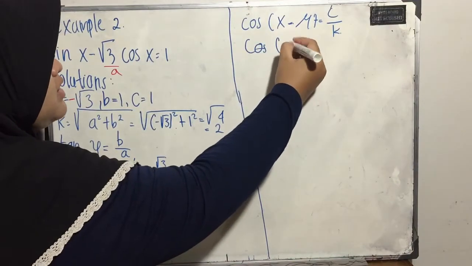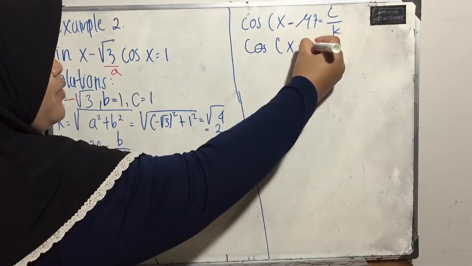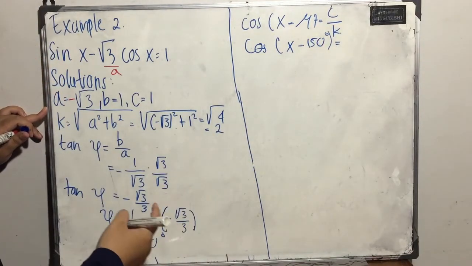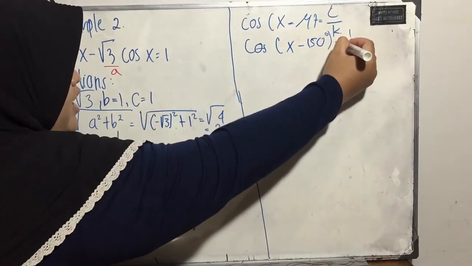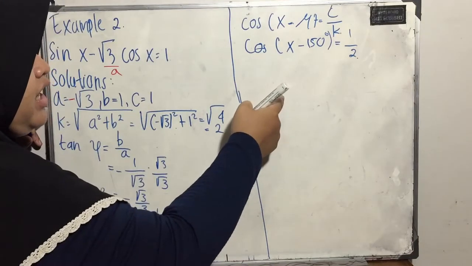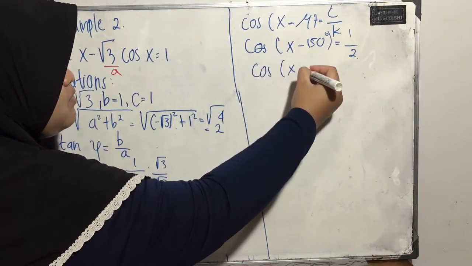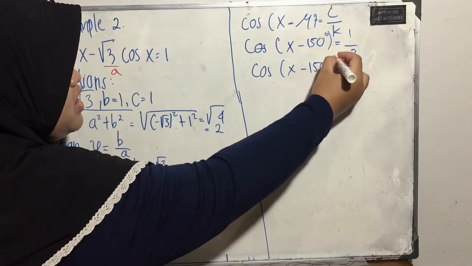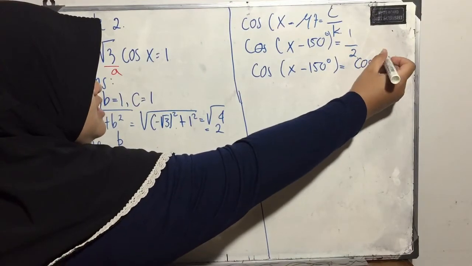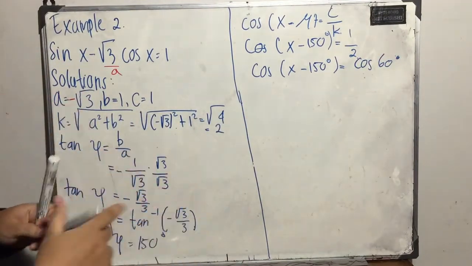Cosine x, the mu is 150 degrees, so this one is minus 150 degree equal c is 1, and then we have k is equal 2. So we can simplify this function. So cosine x minus 150 degree is equal cosine 60 degree, everyone. Cosine 60 degree. Now we can use two formulas.